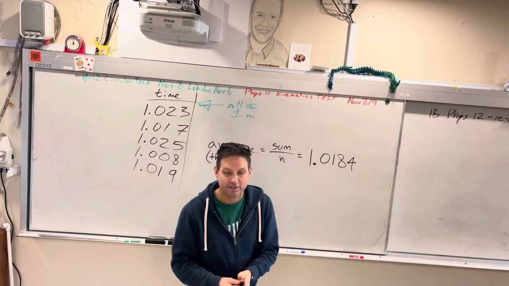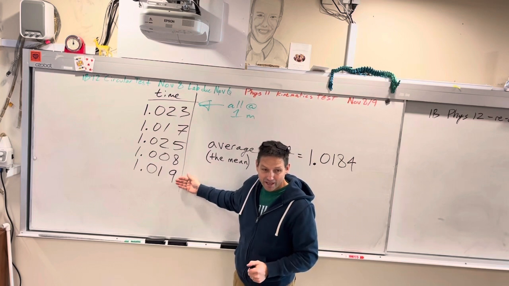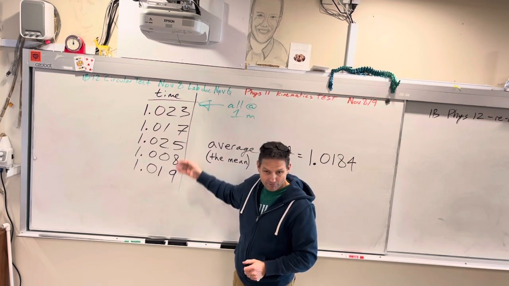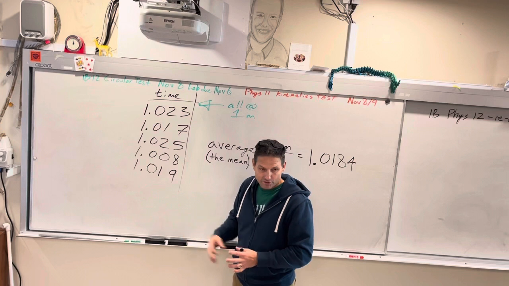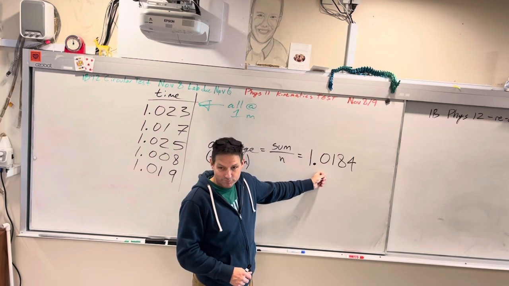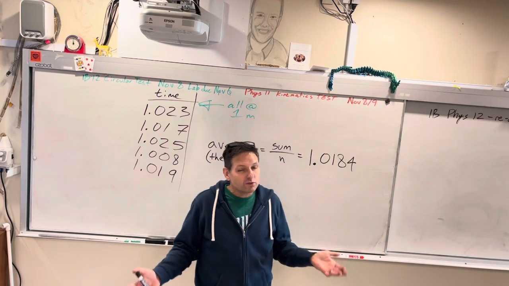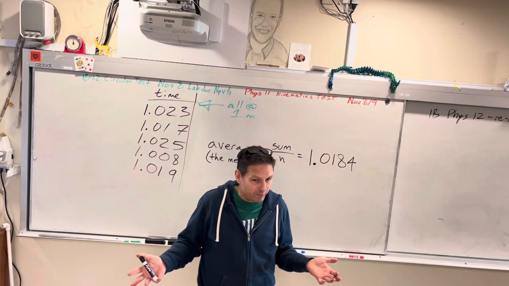The reason is because you've measured it 5 times and you got 5 different times, right? You got 5 different data points. So it can't be exactly this. If it was exactly this, then you would have gotten this every time, right? So we're not sure exactly what the time is.